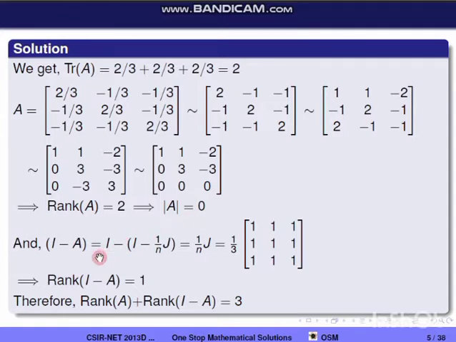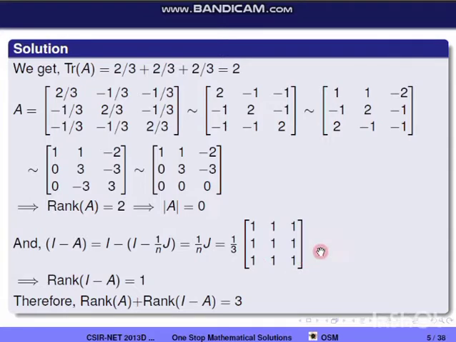Now I will find the matrix I minus A. We know A is given by I minus 1 by n J. So I am substituting here. When we substitute and simplify, I am getting I minus A is equal to 1 by n J. Here I am taking the n is equal to 3 case. So this is equal to 1 by 3 into the J matrix of order 3 where all entries are 1.